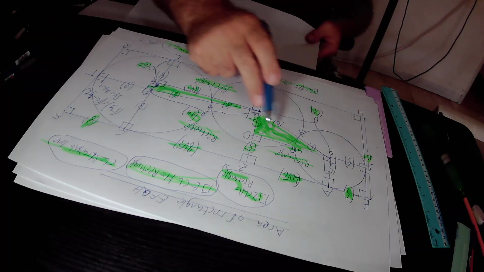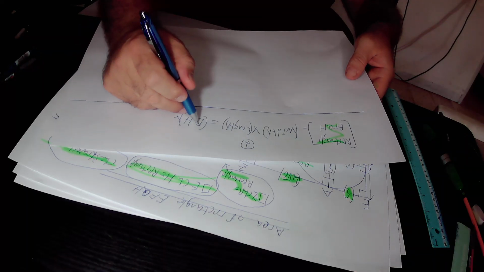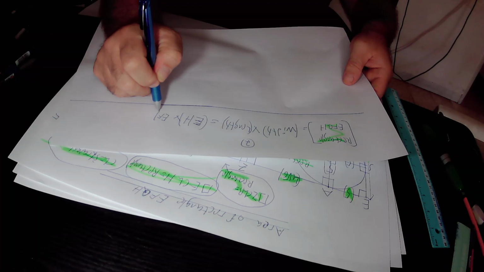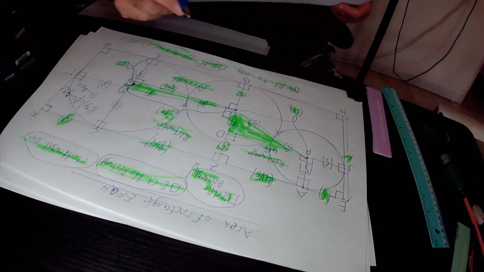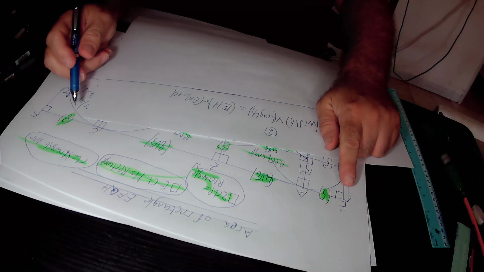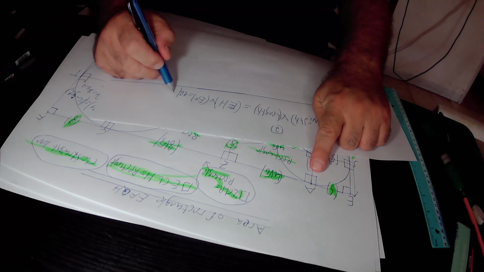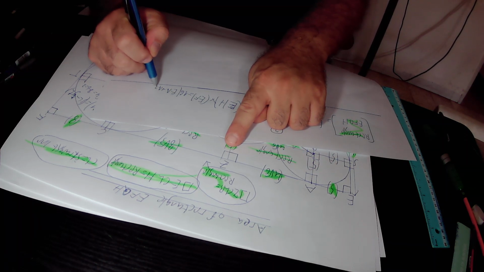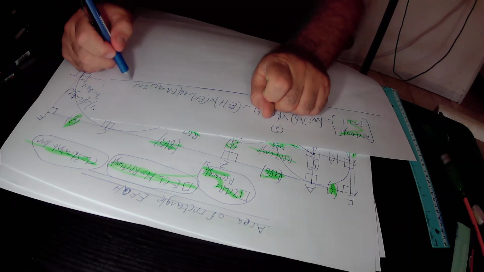Again, the length is EF. The width EH equals 16 units. And the length EF in total equals EA plus AZ plus ZC plus CF.